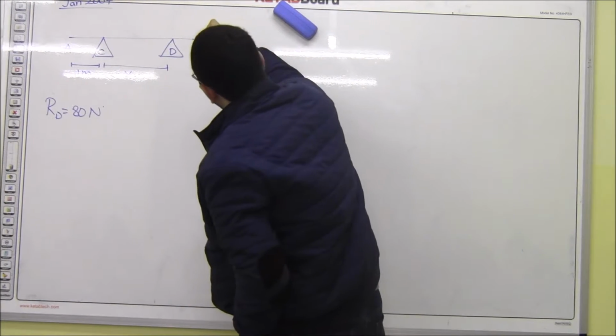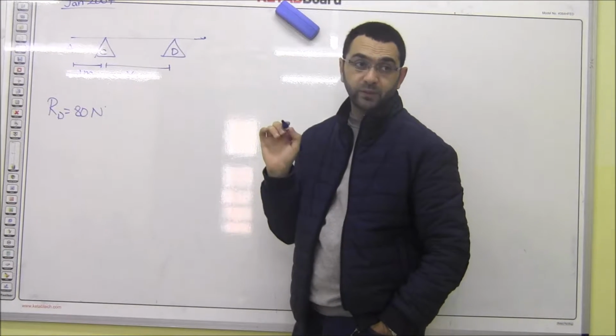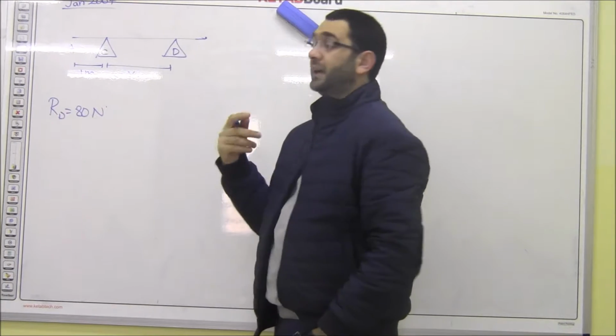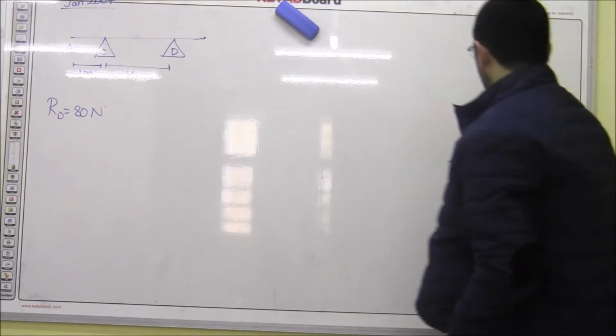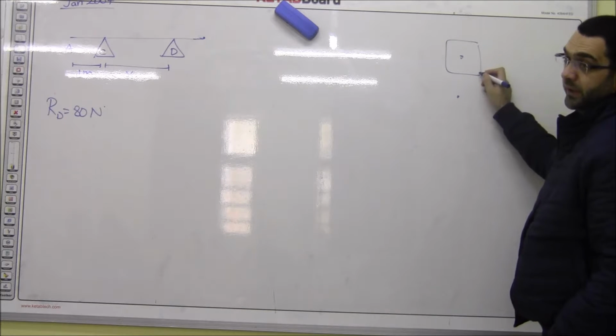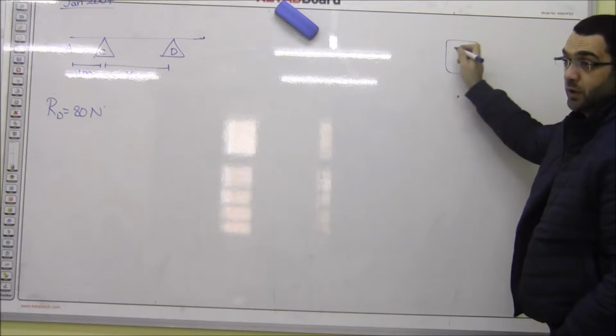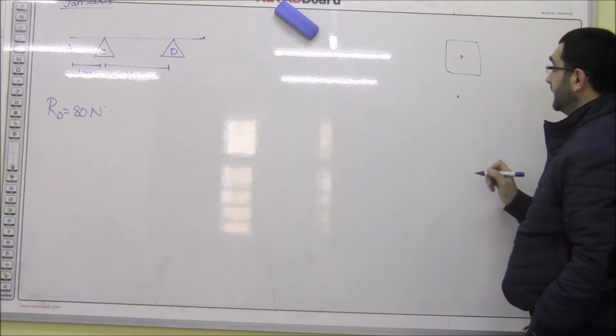I will assume the particle is a point, resting on B, and as a result I will ignore any rotational effect. If this were a different object, here we may have rotation, but here we don't have rotation. This is the first point, and this is the second point.